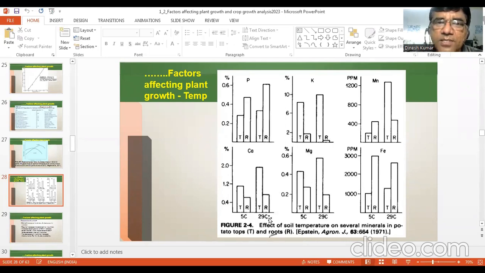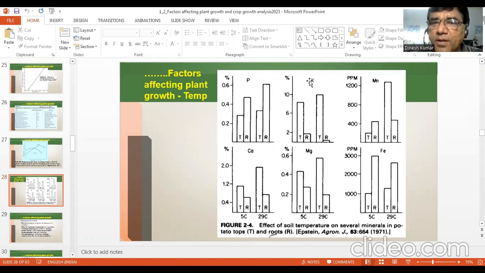It shows the concentration of nutrients like phosphorus, potassium, manganese, calcium, magnesium, and iron in plant parts, in the root as well as in the shoot. T is for top, the shoot part, and R is the root part. You can take any of these nutrients. Suppose you take potassium.